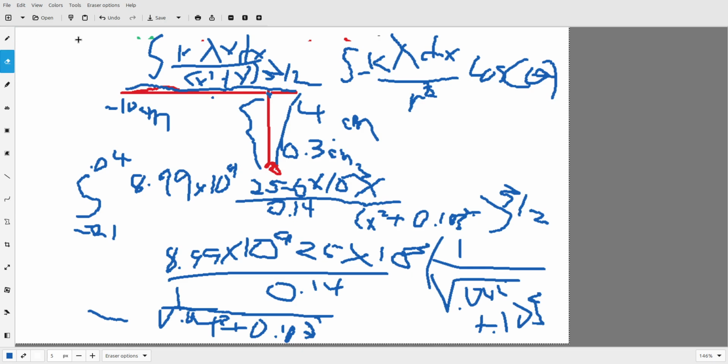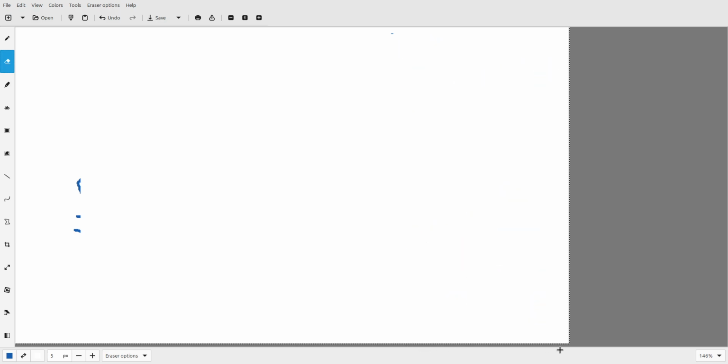And when we do that, the x component of the field is going to be 3.47427 times 10 to the 9 newtons per coulomb.